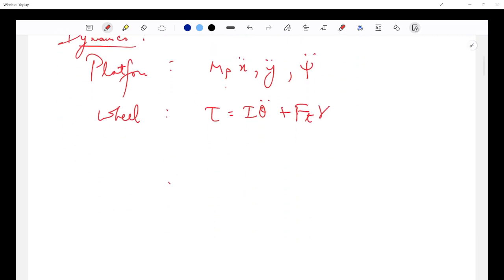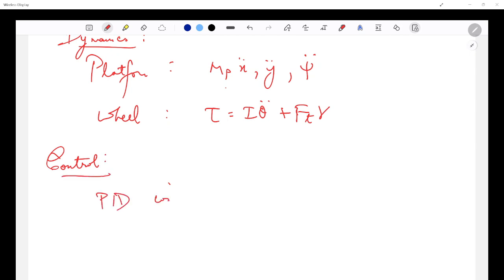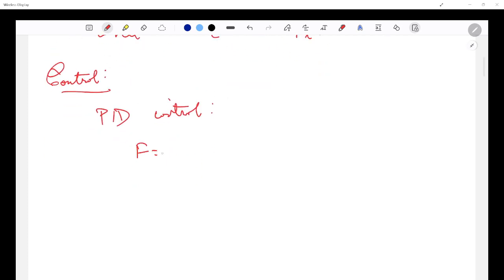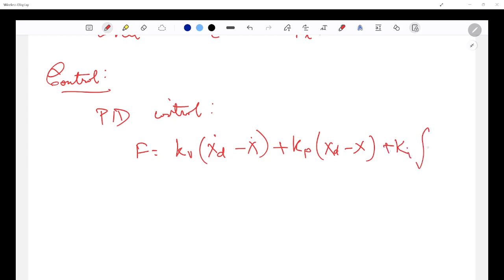And if we talk about control, we have already seen PID control last to last time, right? So your force can be written as Kv into (xd dot minus x dot) plus Kp into (xd minus x) plus Ki into the integral of (xd minus x).